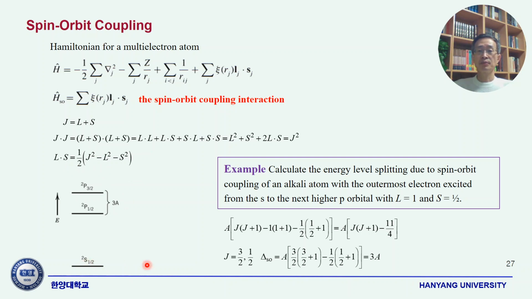What happens here is an alkali atom, which usually has an s1 configuration, in the 2S 1/2 state, is excited to L equals 1, P, S equals 1/2, meaning the 2P state.